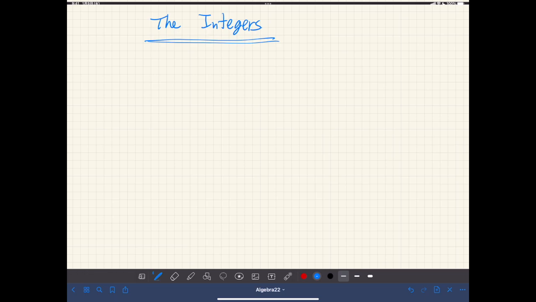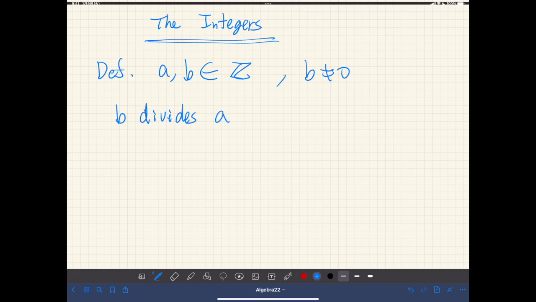As an introduction to algebraic structures, we first study the integers. First, some definitions. We say let a and b be integers, and also assume that b is not 0. Then we say b divides a if there exists an integer c such that a is equal to b times c.